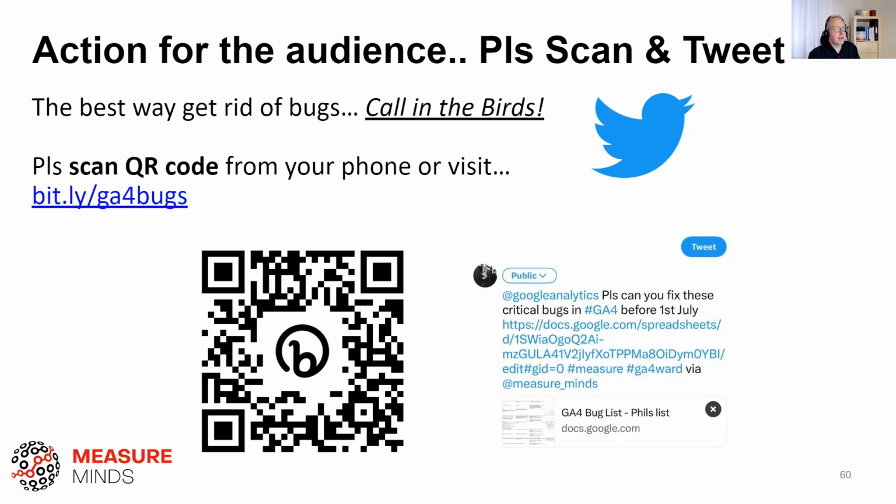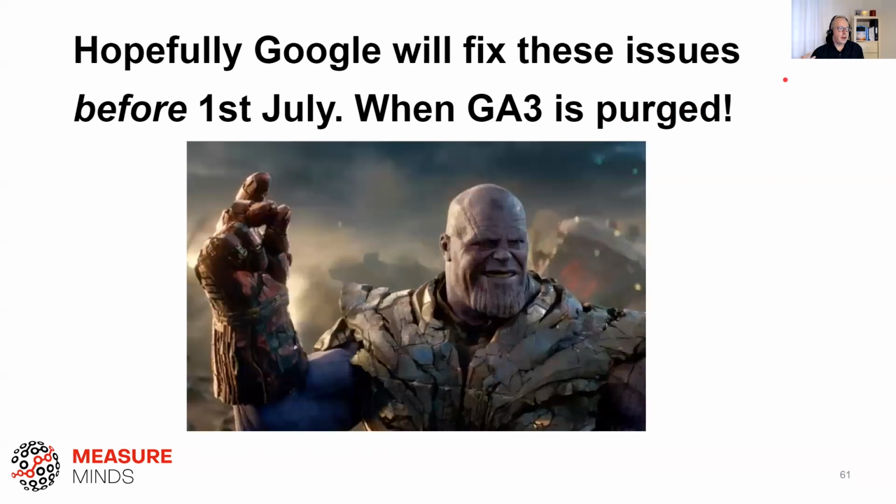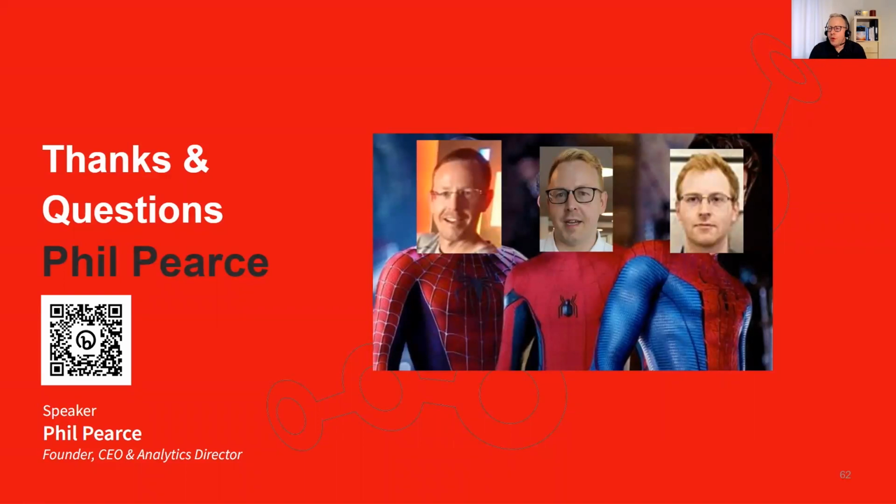We'll see. It doesn't hurt to try and make them aware of issues with the current plan. If they stick to the current plan and GA3 is purged, then it's going to be an interesting world. So hopefully I've taught you something useful about how you can utilize the best of both worlds with GA4 enhanced events and GTM auto events and get the two to work together.